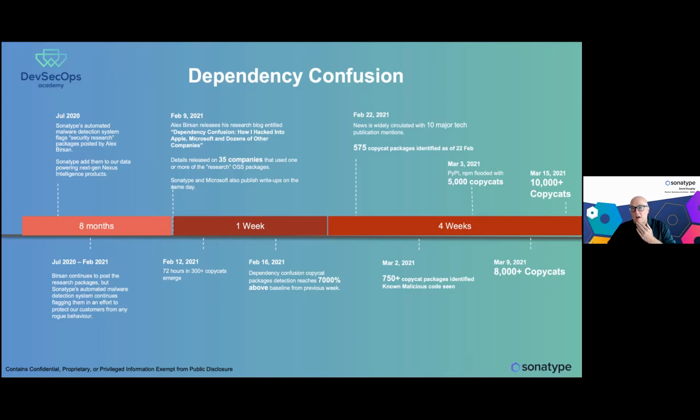So this is a sophisticated form of brandjacking. Sonatype actually identified and monitored the publishing of research packages by Alex Burson, which started in July 2020 and only ended in February 2021 when he published his research.